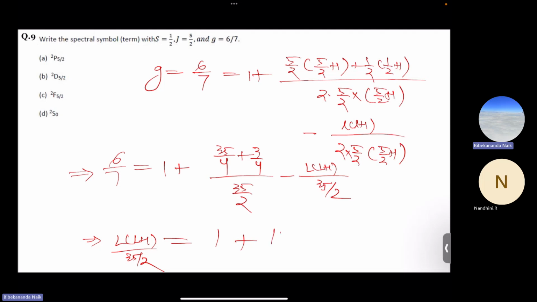So it is 1 plus 19 by 35 minus 6 by 7. Then L into L plus 1 will be 24 by 35 into 35 by 2, which is 12.